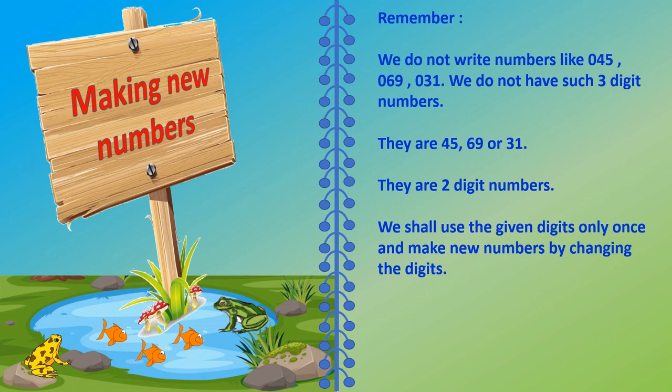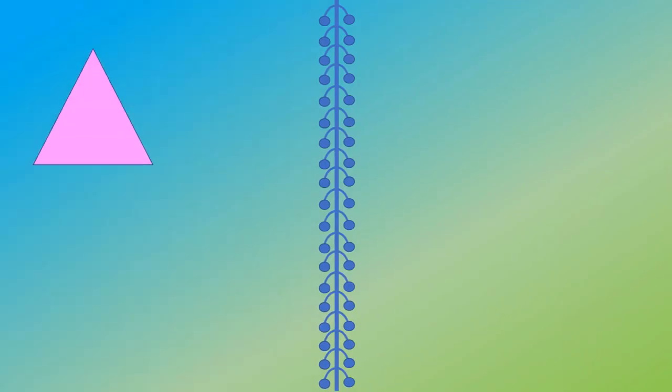They are 45, 69 or 31. We shall use the given digits only once and make new numbers by changing the places of the digits. Here we have the digits given to us as 6, 4 and 0. Now let's remember the rule that 0 never comes first.